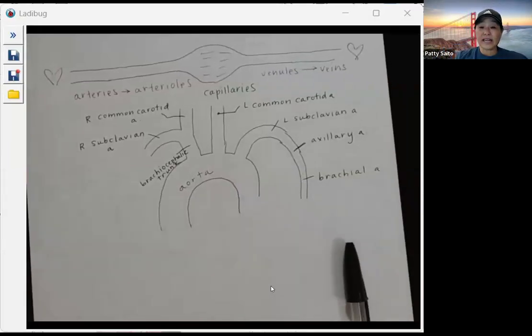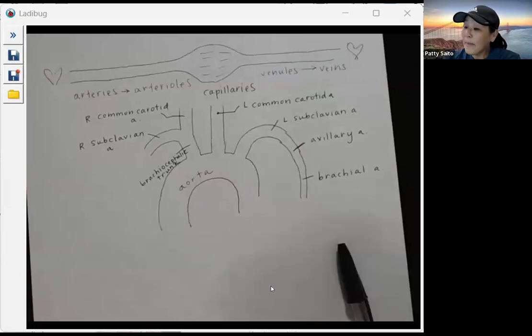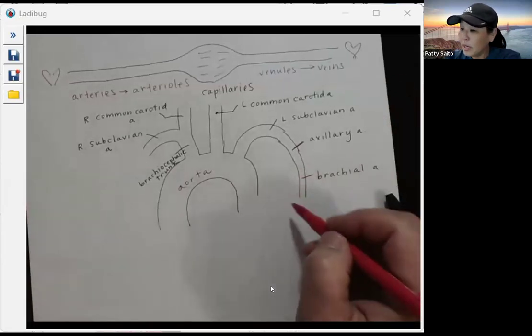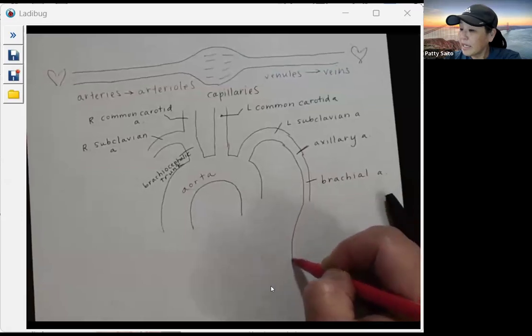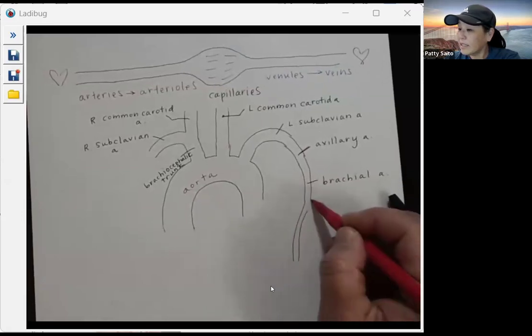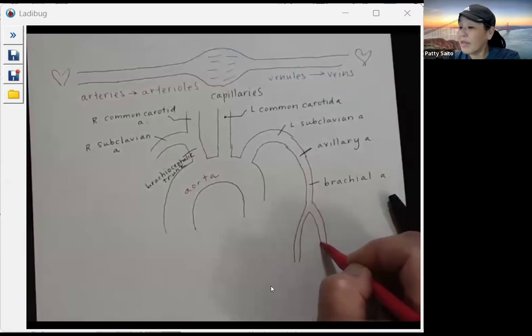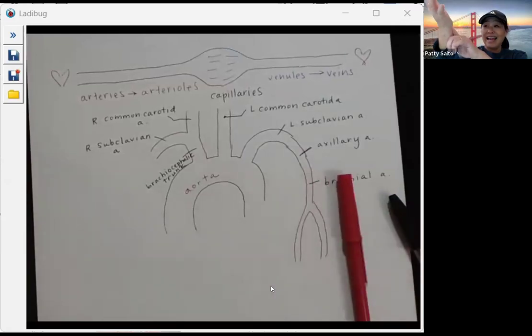Okay, and there's one on the right and there's one on the left. Well, what happens after that? At the elbow, it's going to split into two vessels, one along the thumb side. Okay, remember the thumb side is the radius side. I like to think of it as rad. So you give a thumbs up, it's rad. That's the radius side.